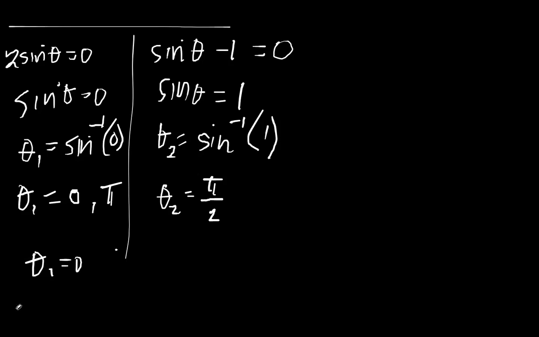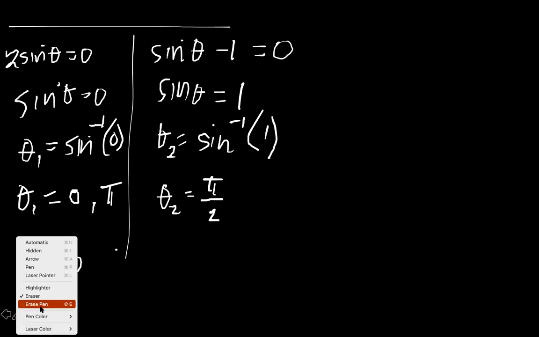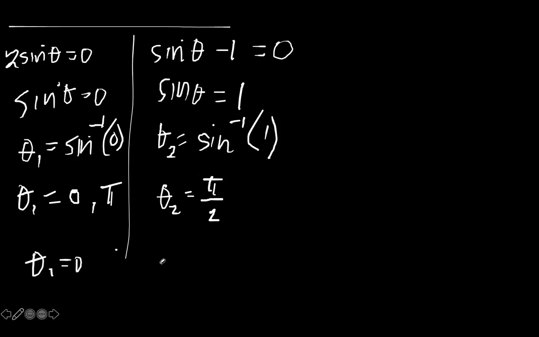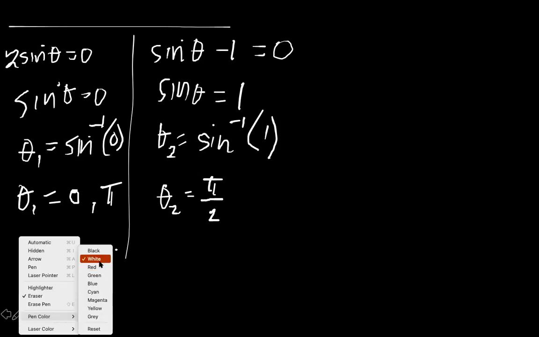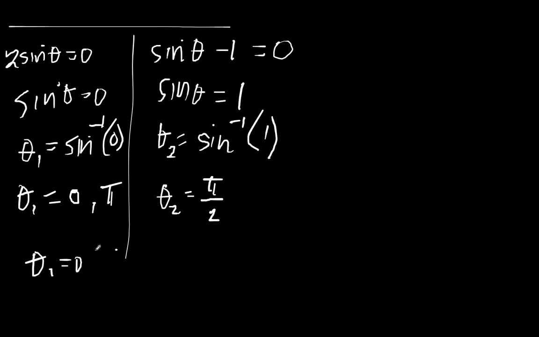Okay, so again, since the sine function is periodic, guys, it means it has infinite number of solutions. So which means that we need to express our final answer in a form such that it will give us all of the possible answers. So 0 plus 2 pi k.